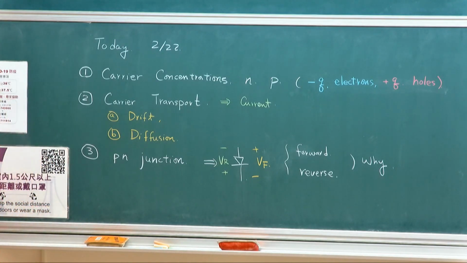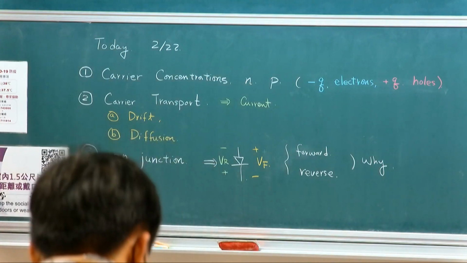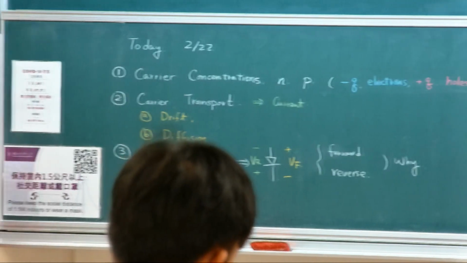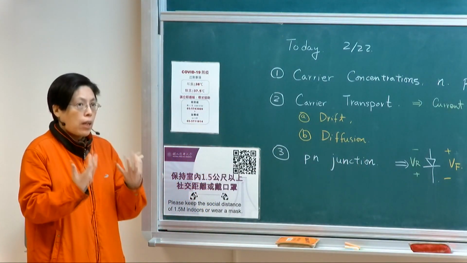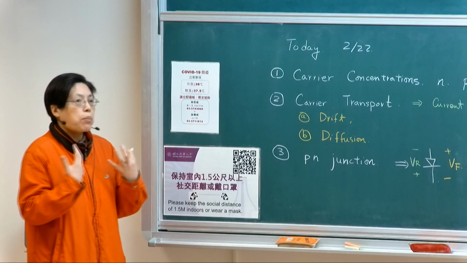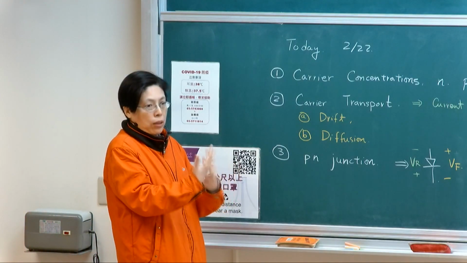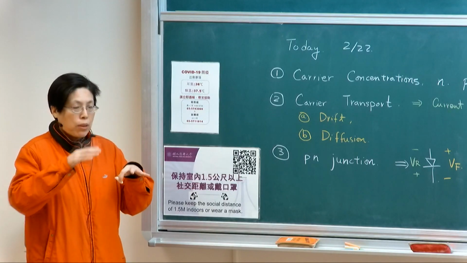So what we're going to do today is hopefully make a lot more progress on chapter 2. Chapter 2 has basically two main topics. One is to give you a brief understanding of how carriers are generated in semiconductors. So we start talking about intrinsic and extrinsic semiconductors, how these carriers are generated, and how you deliberately put carriers into these semiconductors to control the amount of carriers.